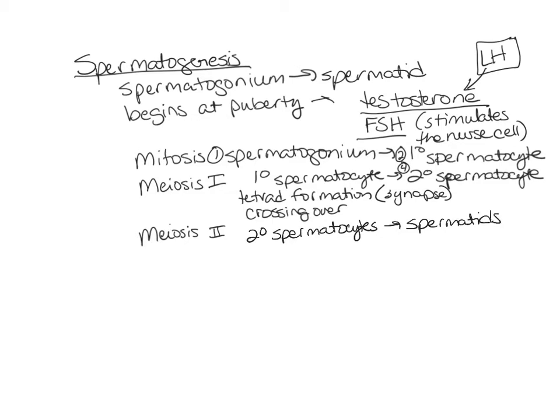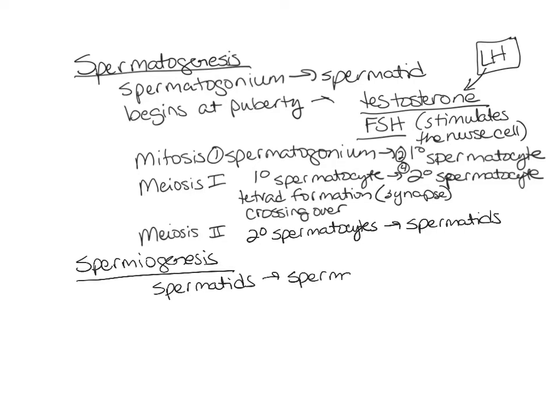So the second process that we have then is called spermiogenesis. In spermiogenesis, these spermatids start to develop the characteristics of a sperm, and we call that sperm a spermatozoa.